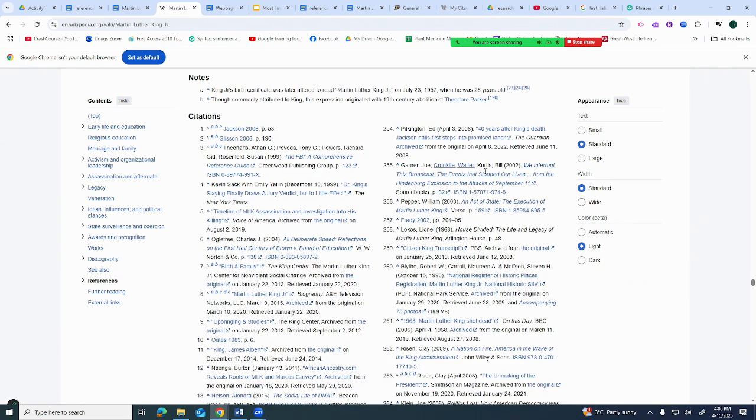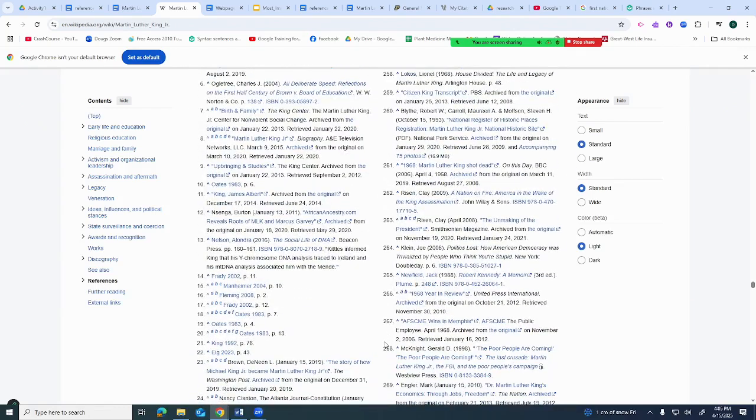But this is where we can go to look for information that is reputable, right? So with Martin Luther King, for instance, reputable sources might be people who knew him, and also reporters and journalists, family members. They would give you what would be called a primary source of information.